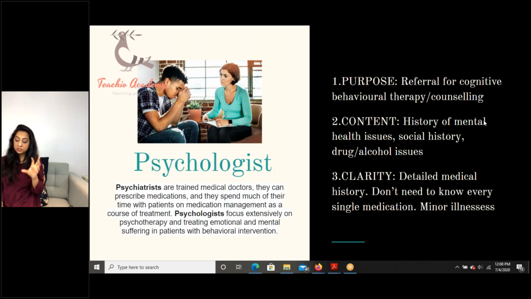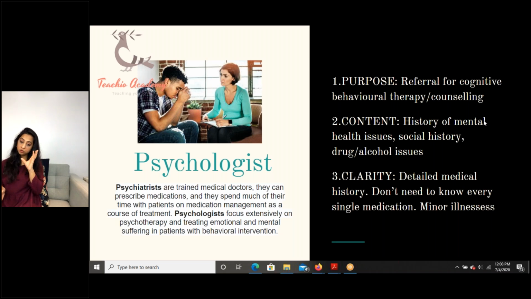Psychiatrists are going to be focusing on medications, medication management, and course of treatment. Psychologists are going to focus on psychotherapy and cognitive behavioral therapy. But both these professionals are going to need to know every single thing about the mental health of this patient.